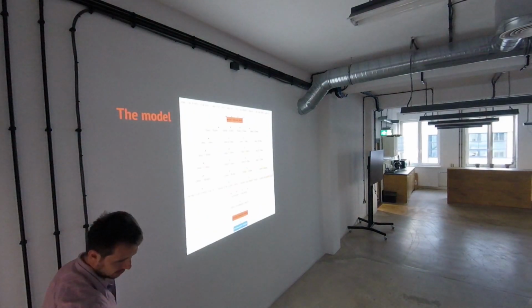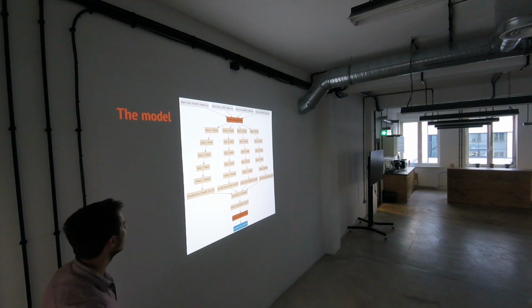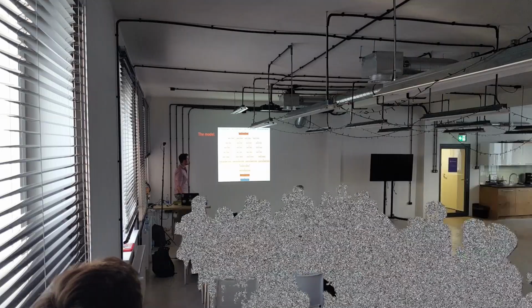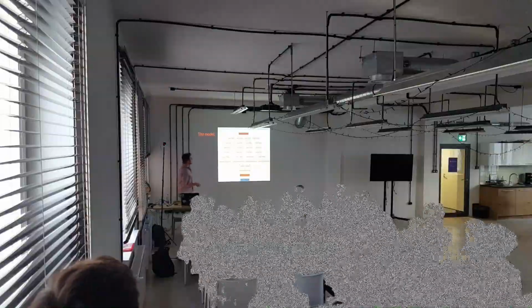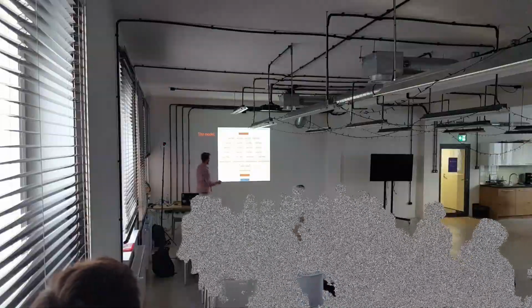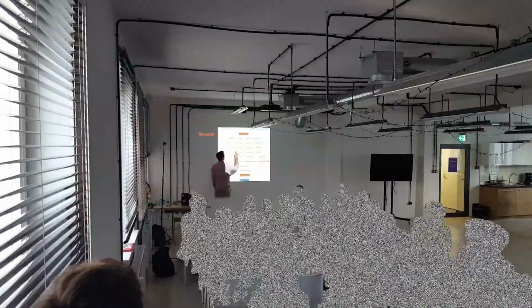Okay, so this is the architecture. It might look a bit complicated. But there are 2 important parts on which I want you to focus. The first part is that in orange, I have a decoder submodel, and I have an encoder submodel.